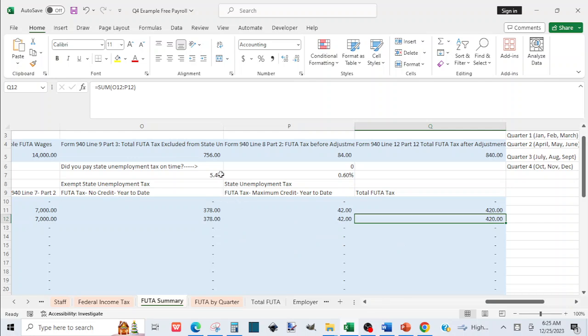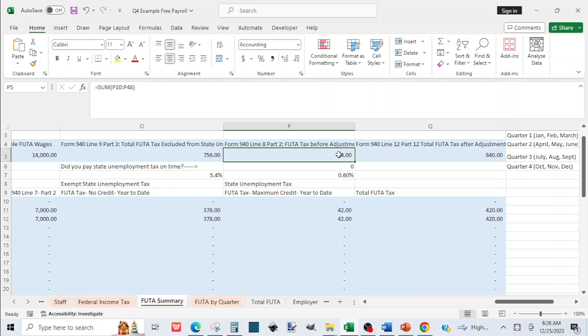If you are not going to pay state unemployment tax, then you have both calculating, 5.4% on the FUTA wages and 0.6%. If you are using that free version and you are going to pay unemployment tax to the state on time, you just use the 0.6% total amount, which is 84.